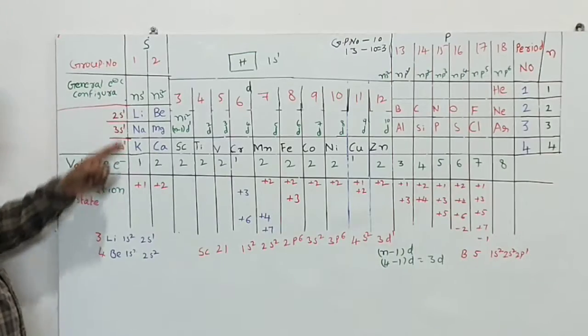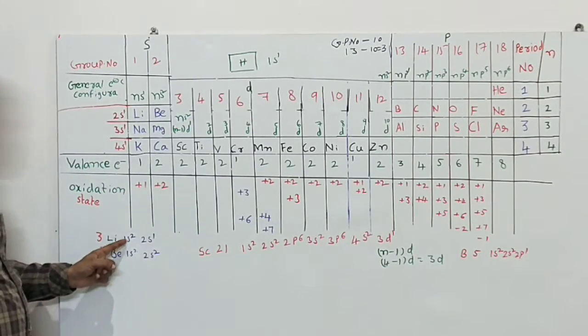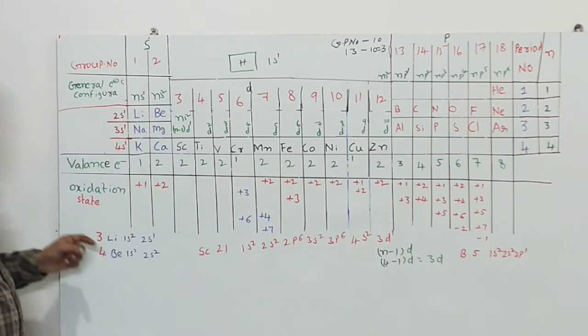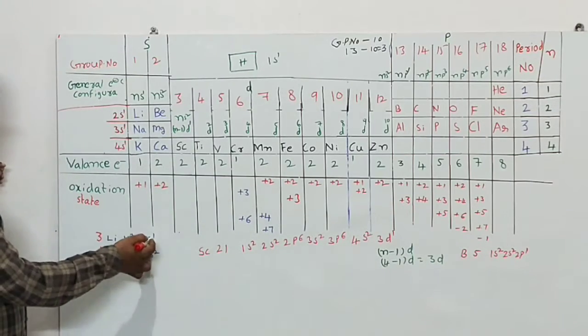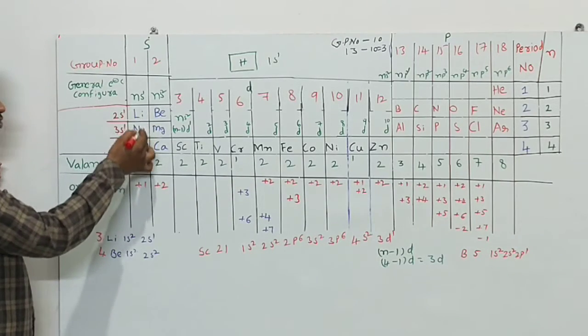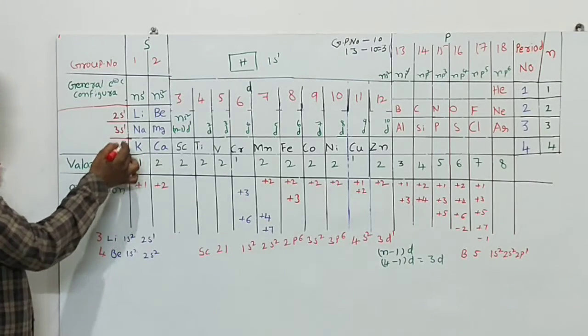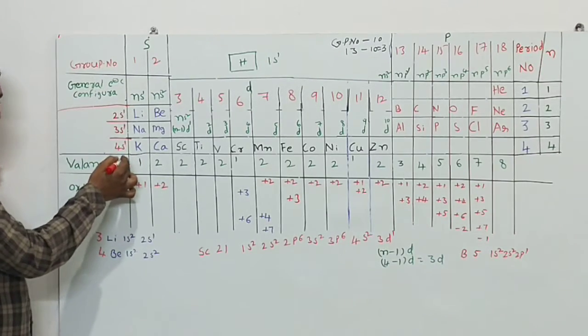Okay. See here, for lithium, atomic number is 3, 1s2, 2s1. So in this case n is equal to 2, so 2s1. In the case of sodium, n is equal to 3, 3s1. For potassium, n is equal to 4, 4s1.